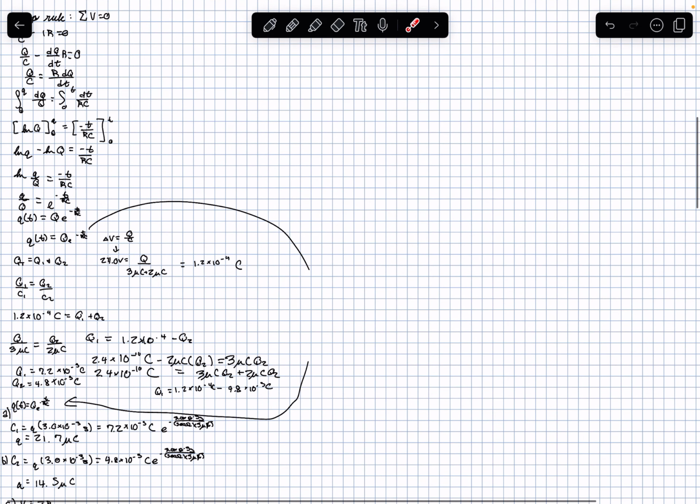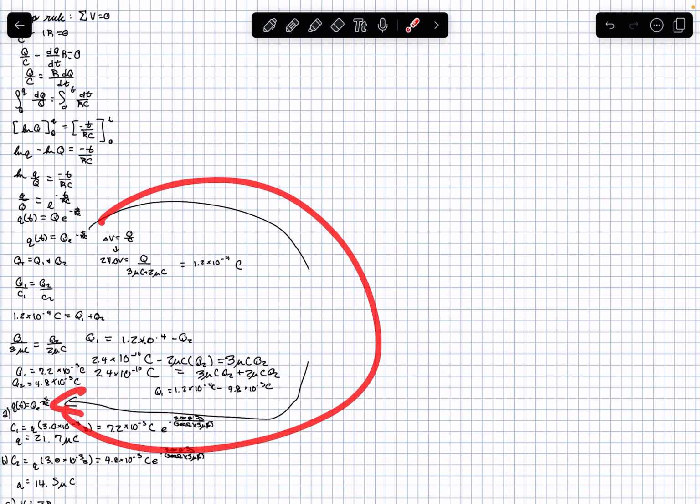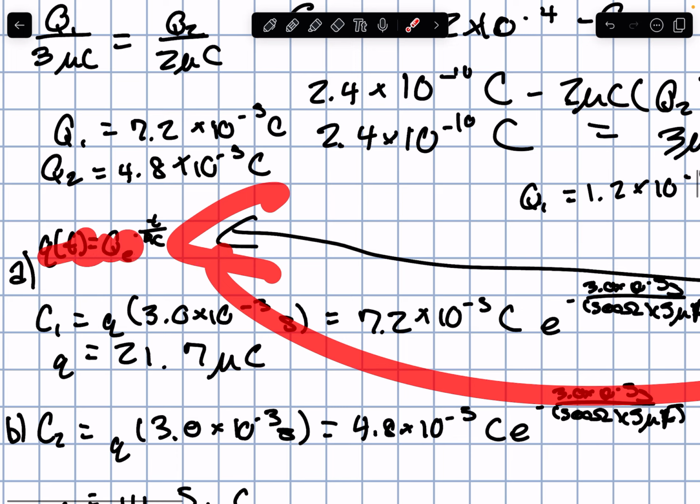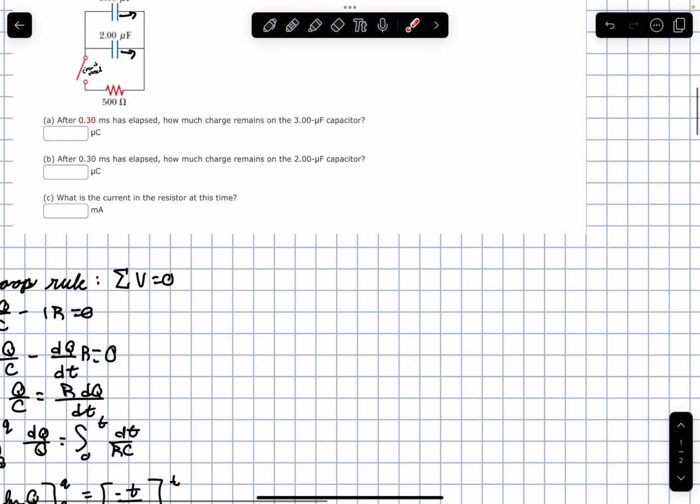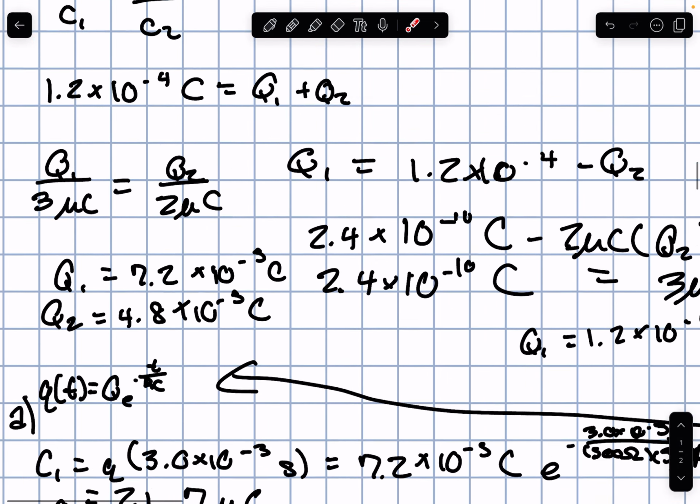So this equation that we integrated and derived, we're going to now use that for part A. Q of t equals capital Q e to the negative t over RC. And this is after 0.30 milliseconds has elapsed. This is just focusing on the 3 microfarad capacitor.